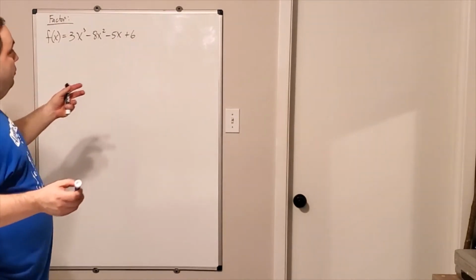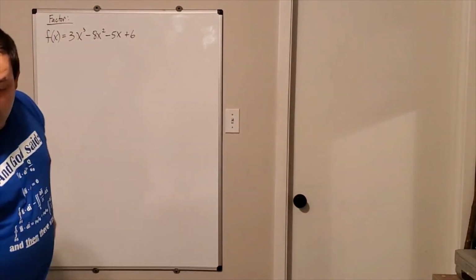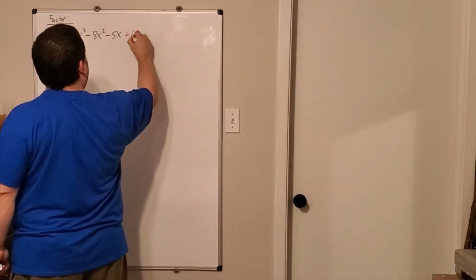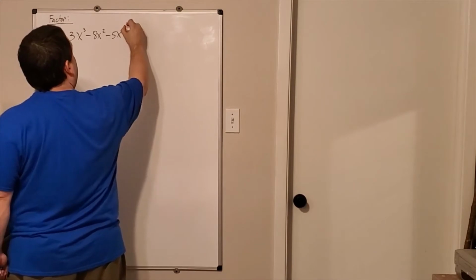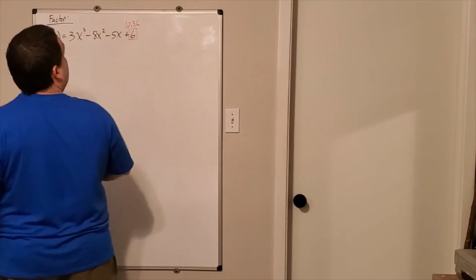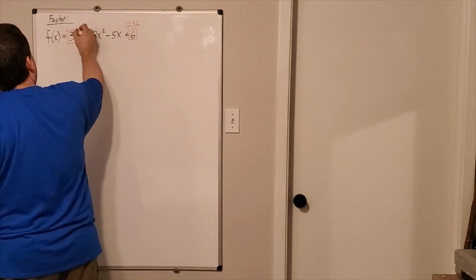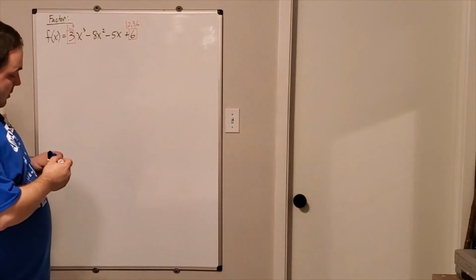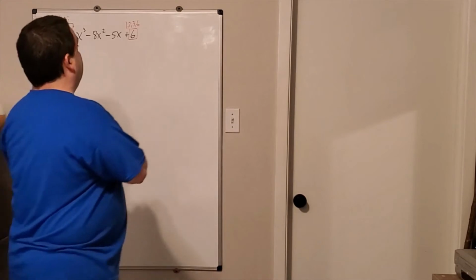So I'm going to go through making the list. Right? Remember the list, I need the factors of these numbers, right? The factors of 6 are 1, 2, 3, and 6. The factors of 3 are 1 and 3. All right. So here's the list.